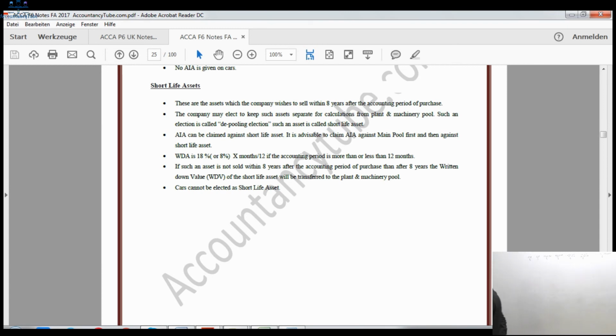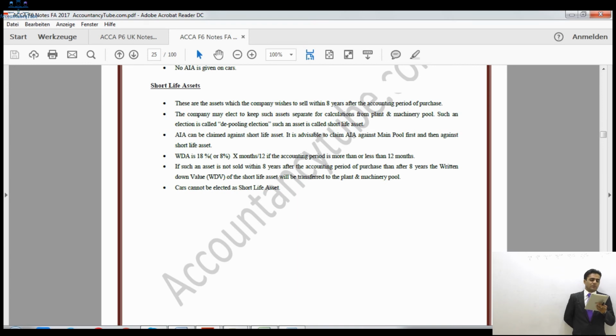And there are some short life assets as well. Just after that, that is our last topic, short life assets. Now some assets we purchase and then sell within 8 years' time. If we purchase an asset and we sell it within an 8 year period, that is called a short life asset. These are the assets which the company wishes to sell within 8 years after the accounting period of purchase.